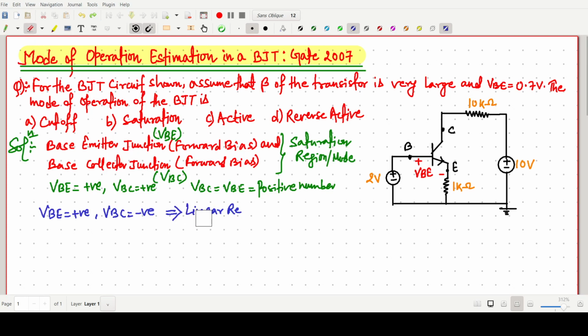This one is very important, that's why I am writing it. After it, we will solve this question mathematically.